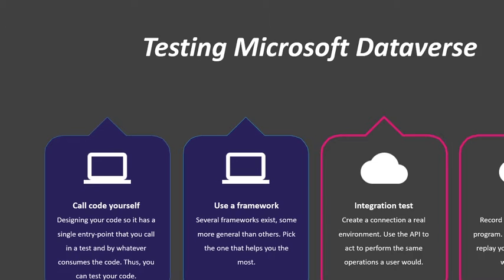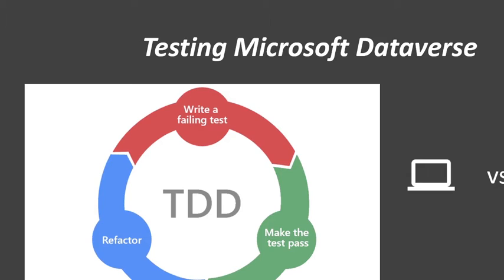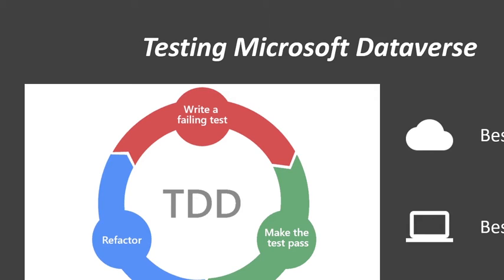But as you can probably see, it wouldn't help us develop stuff. It just helps us ensure that it works. So since we're talking about test-driven development, the conclusion here is that the local one is best for test-driven development, and the cloud one is best for testing.